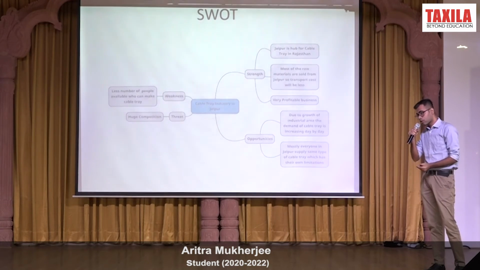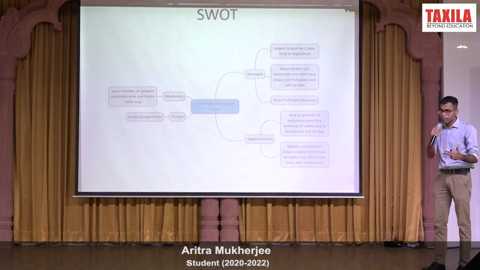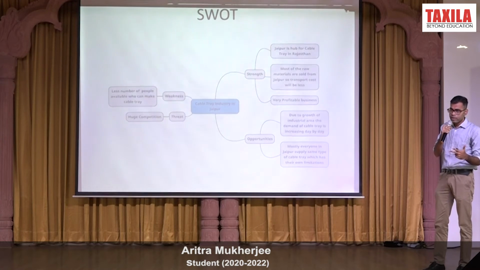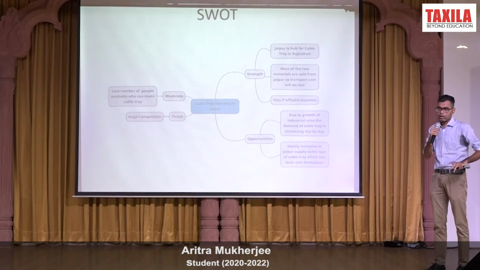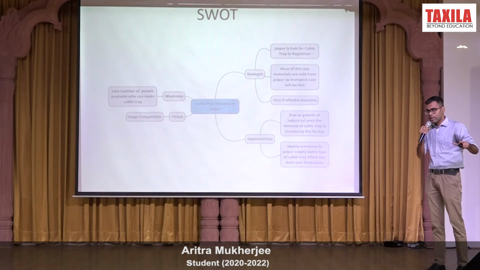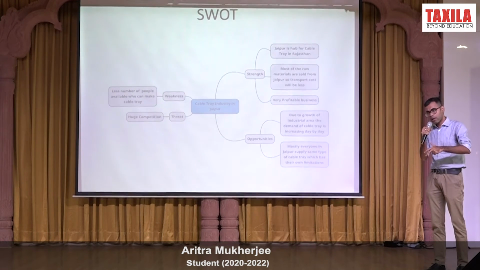Basically, ladder type and claw type are the two main types, and only these you can sell readily. Otherwise you have to order in bulk, it will take some time, and it will be costlier also.